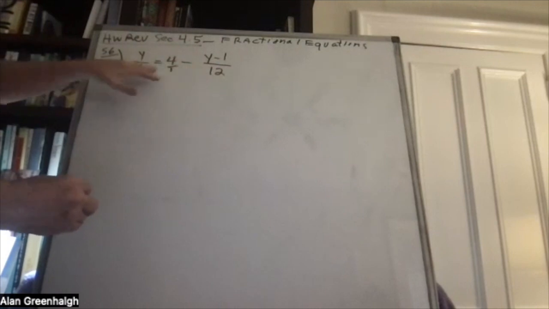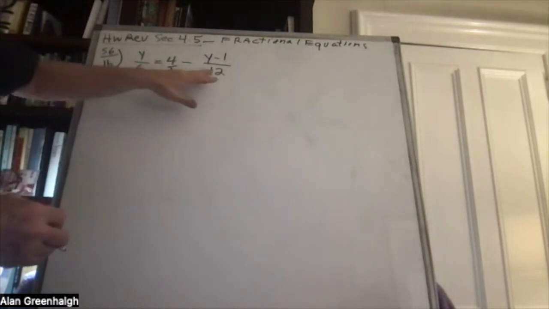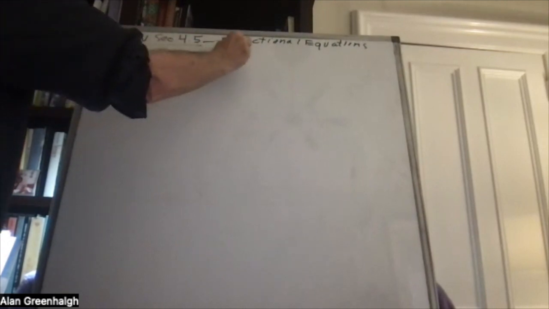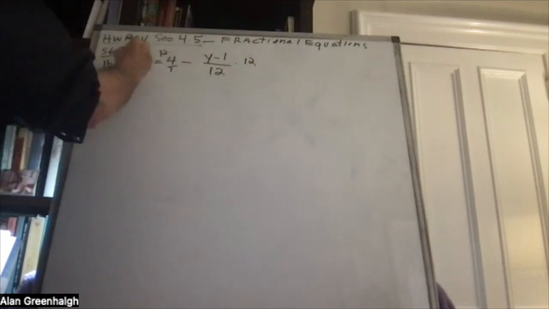So, to get rid of the denominators, we multiply by the least common multiple, which is 12. So 12, 12, and 12. Beautiful. 6 into 12 is 2.